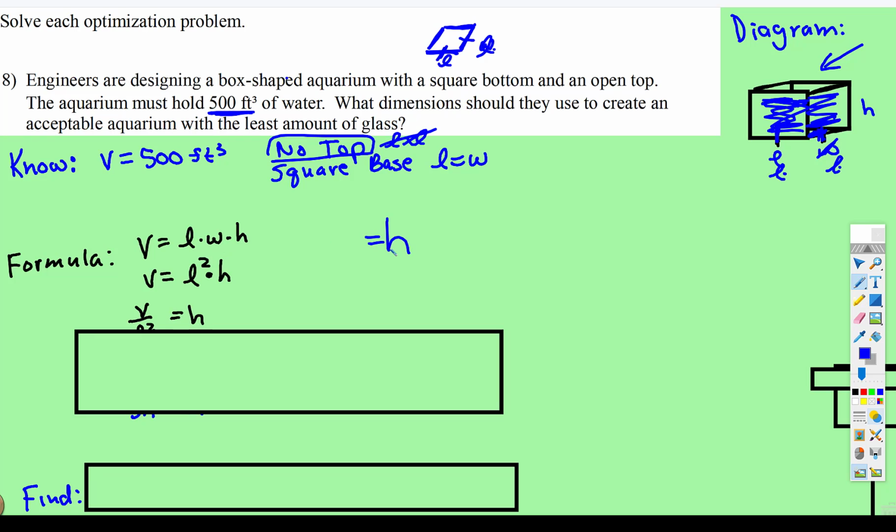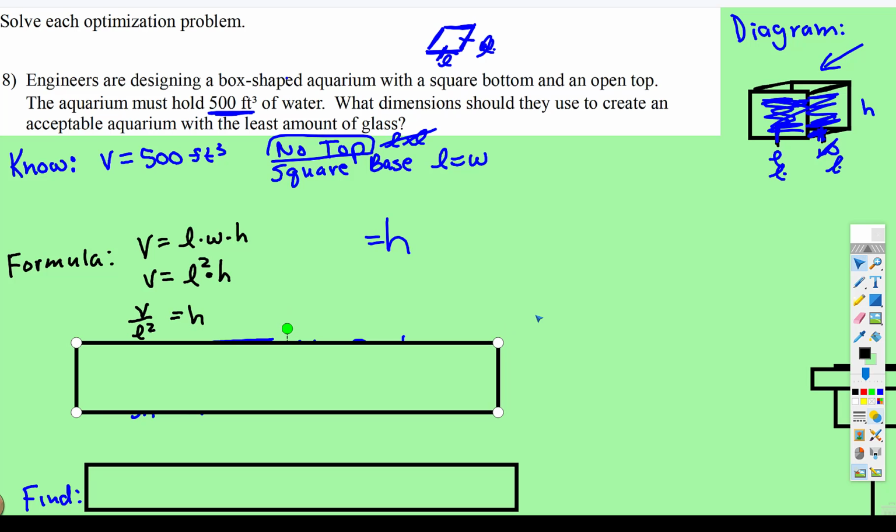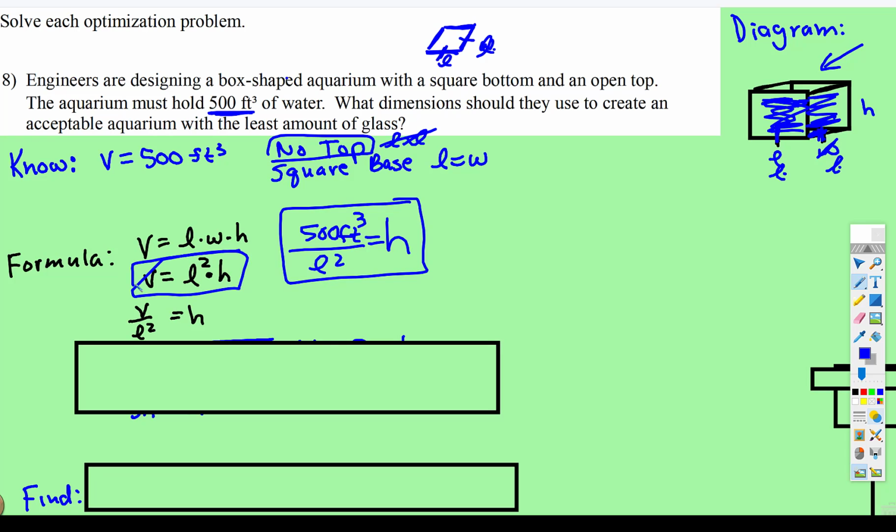So the H is the volume divided by L squared. So that is 500 cubic feet divided by L squared. So that will be one that we need to remember. And this volume formula one we will need to remember. All right.